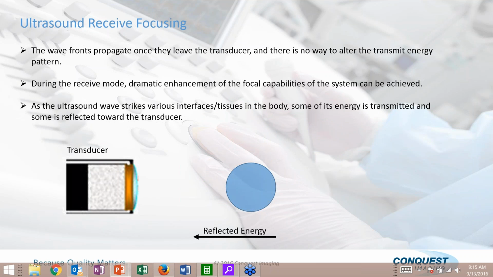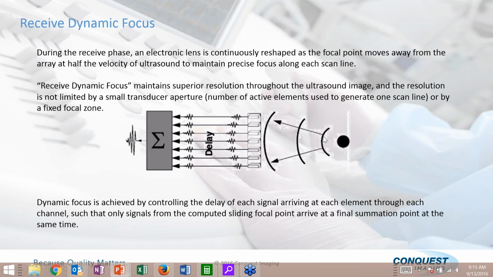We can also change our focus on the receive side. Using the same delays, we can change how we receive these reflected energies to create a different type of focus. If you look at this image, we receive the reflected sound waves from the body.